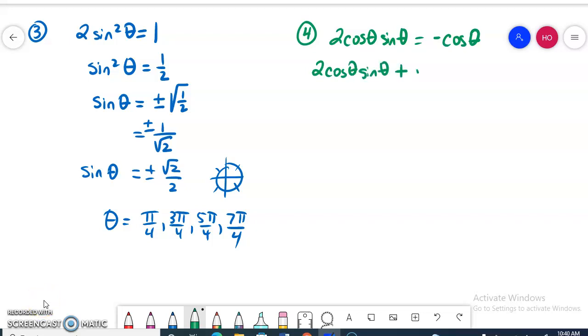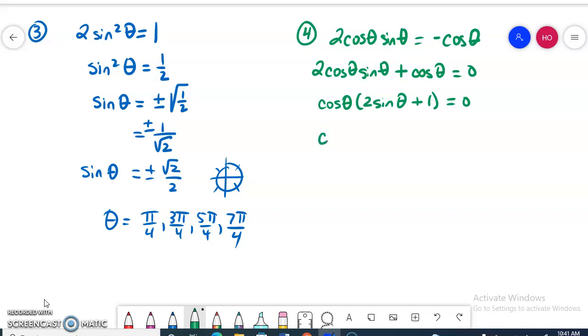So when I move that negative cosine theta from the right to the left, it's going to be plus. And now I have to use different factoring techniques on the next couple of examples. I can factor out a cosine theta, which leaves me with 2 sine theta plus 1 equals 0. It has to be equals 0 or our factoring doesn't help.